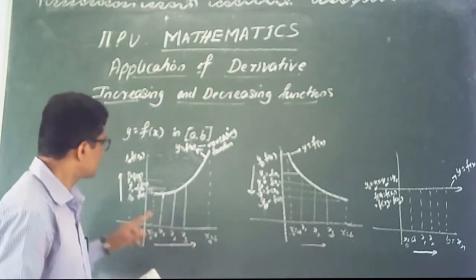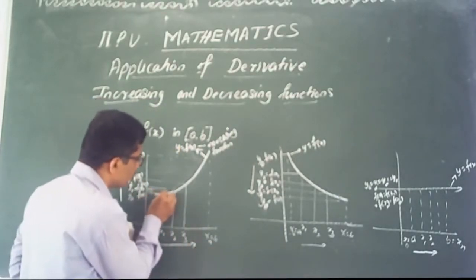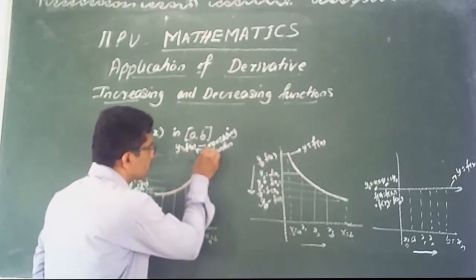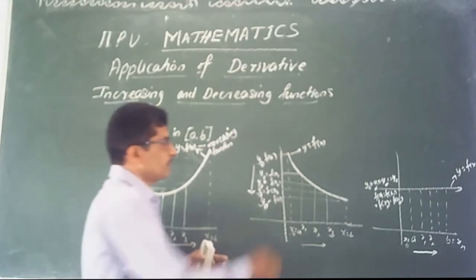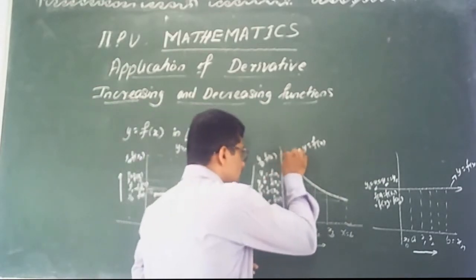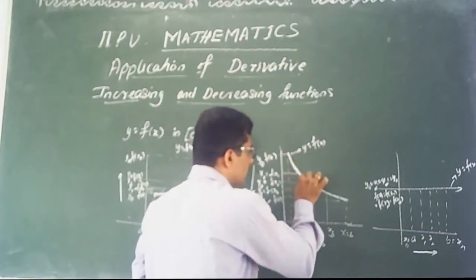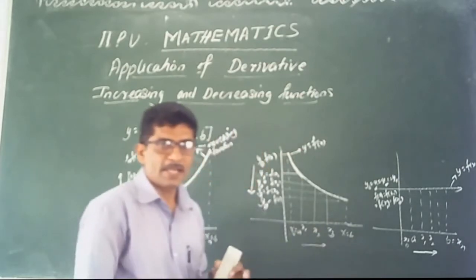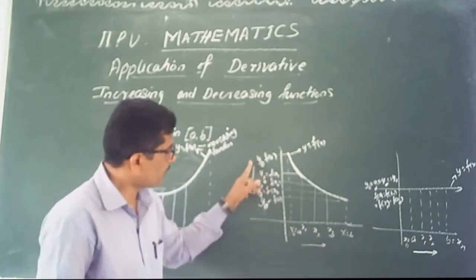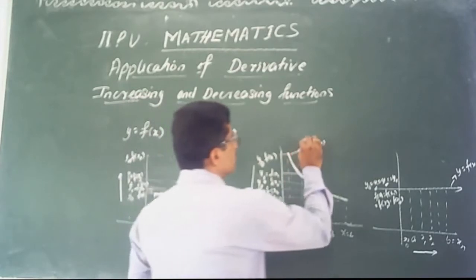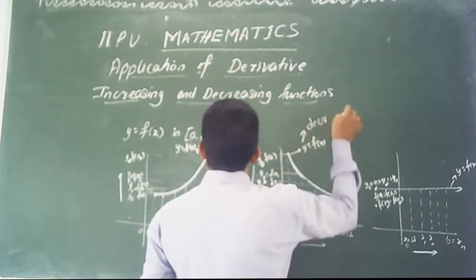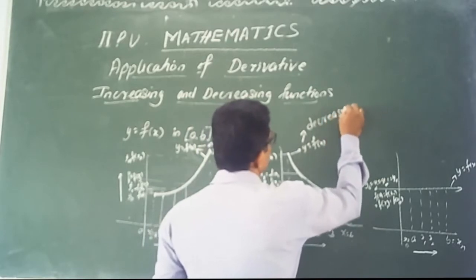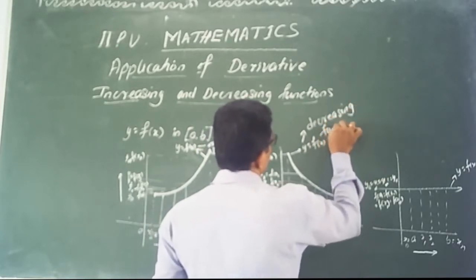x increase ಆದಾಗೆ y ನು increase ಆಗ್ತಾನೆ ಹೋಗಬೇಕು, upward direction ಅಲ್ಲಿ ಹೋಗ್ತಾ ಇರಬೇಕು from a to b ಕೊಟ್ಟಂತ ಇಂಟರ್ವಲ್ ಅಲ್ಲಿ. In a given interval the curve is downward directions ಅಲ್ಲಿ ಬರ್ತಾ ಇರುತ್ತೆ. When x increases, y decreases, this function ಅನ್ನ is said to be a decreasing function.